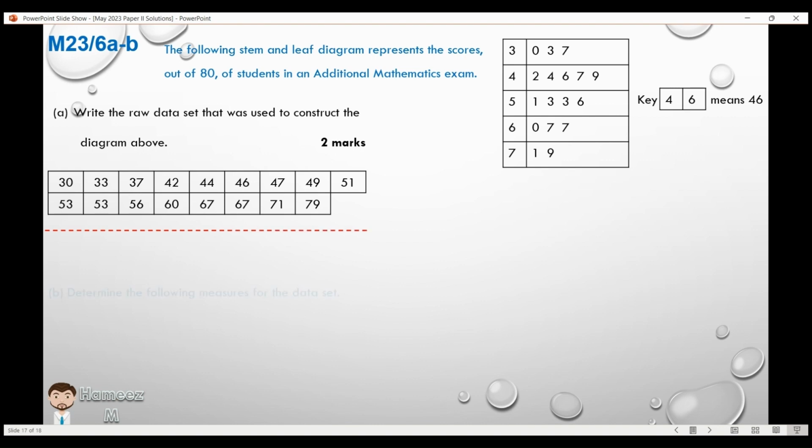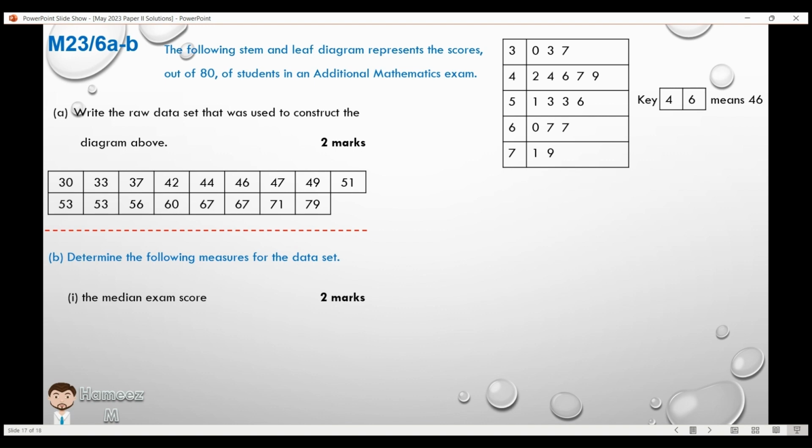As we move on, in part B, determine the following measures for the data set. First, part 1, the median exam score. In the raw data set, we have the numbers written from the lowest to the highest, or in ascending order.